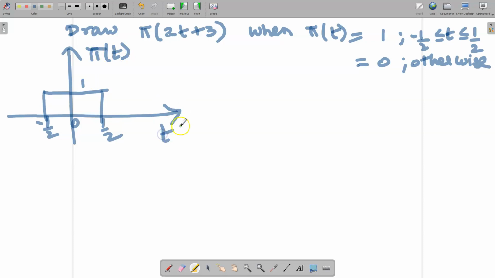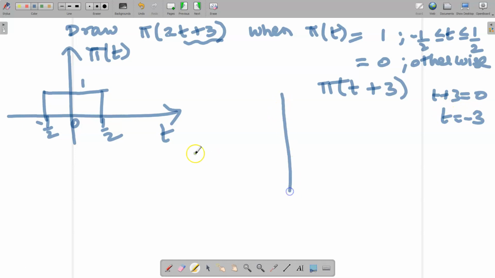So, we need to draw pi of 2t plus 3. First I need to do the time shifting operation. First I have to draw pi of t plus 3. So, t plus 3 equal to 0, t is equal to minus 3. So, I need to add minus 3 to each and every instance of t.